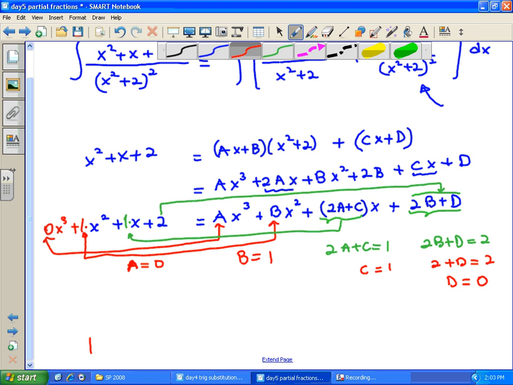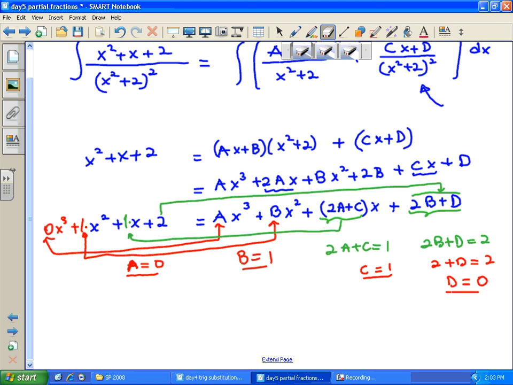So we got all of our unknowns in here. Now we're ready to integrate. Now let me wait for a moment and see if there are any questions about how we got the constants. Any questions at all? Okay, we're ready to integrate.